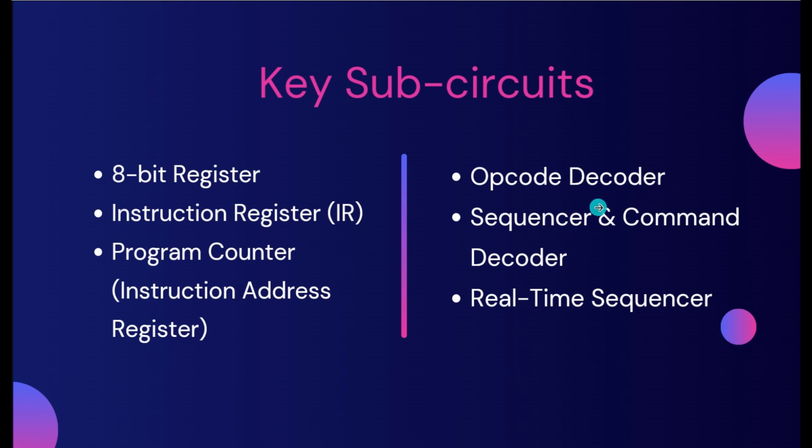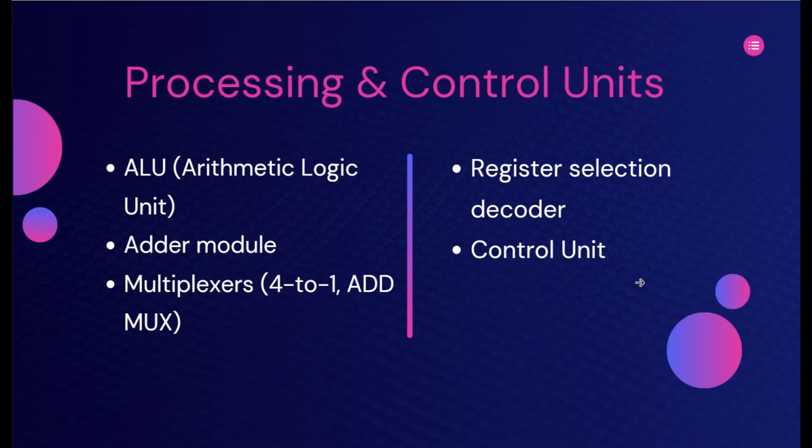The opcode decoder identifies the operation specified by the instruction, such as add or load. The sequencer and command decoder generate the control signals needed to execute each instruction in the correct order. Finally, the real-time sequencer synchronizes all CPU operations with the system clock to ensure accurate execution.